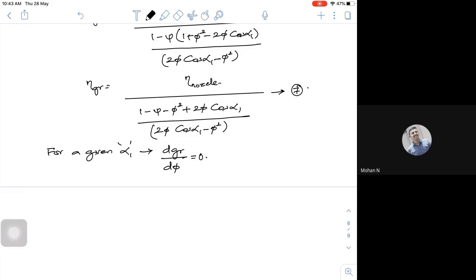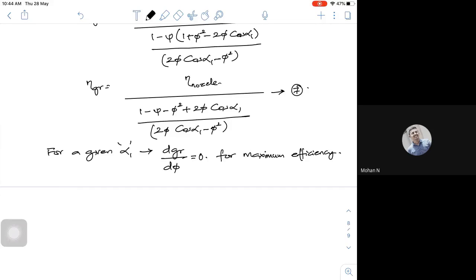That's the only option for me. I differentiate equation 7 with respect to phi, because phi becomes a variable, for maximum efficiency.